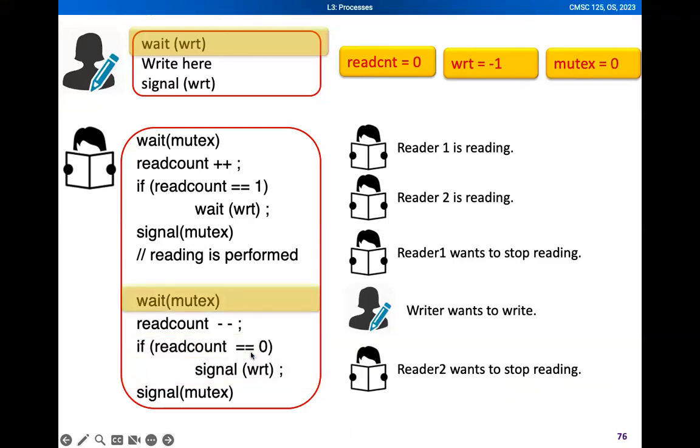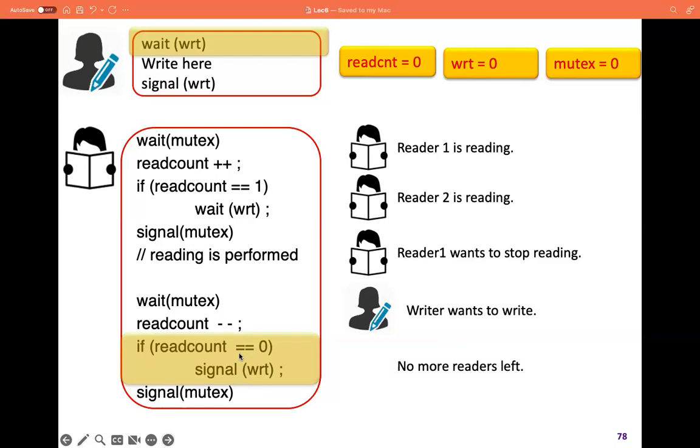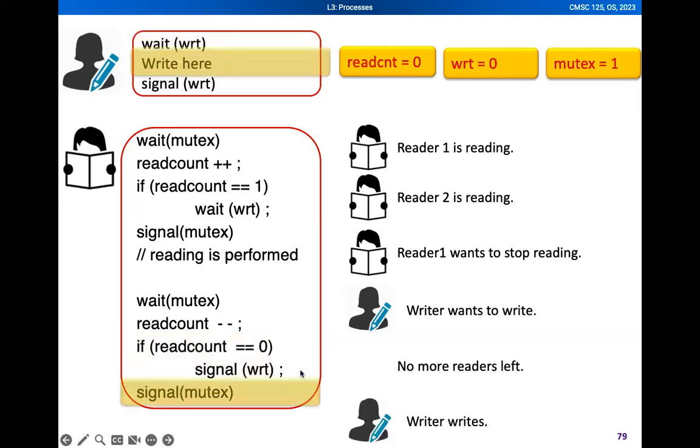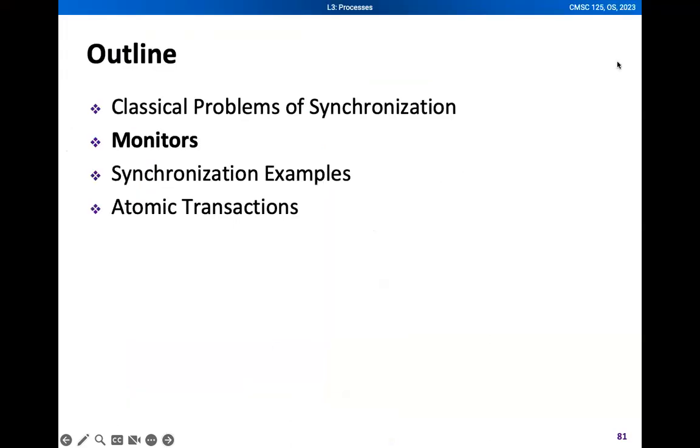Okay, and assuming that reader 2 wants to stop reading, the read count variable is decremented, and there are no more readers left, and this now evaluates to true, and we are now releasing the write semaphore, and the writer can now write. Okay, and the writer stops writing, assuming. So we are back to the original initialized values.